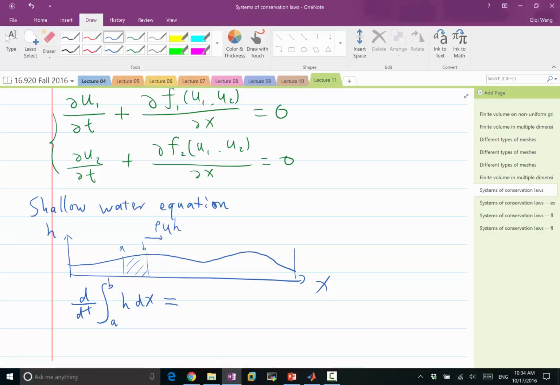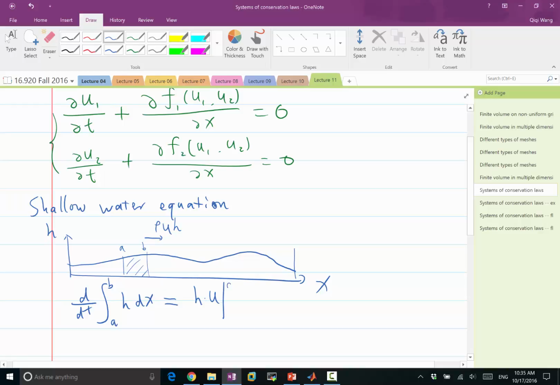What is the flux of water into the volume? Yes? It's actually h times u at point a minus h times u at point b.